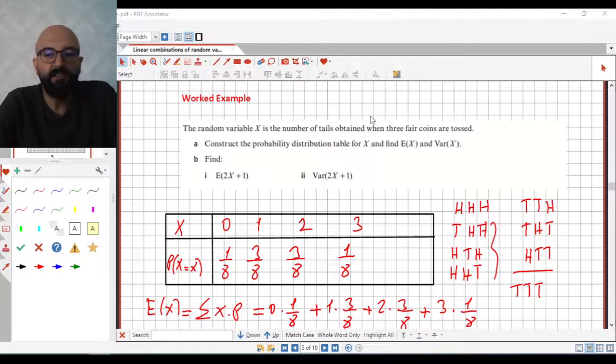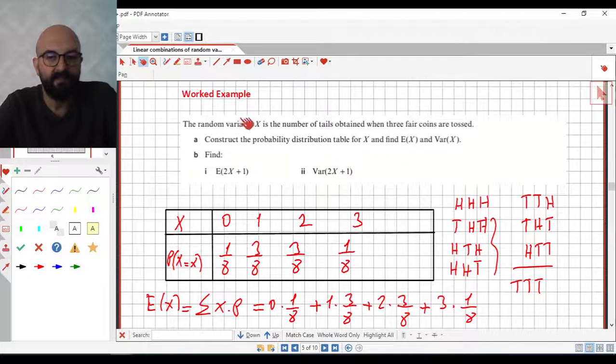As you remember, in the last lesson, we worked out an example. We have fair coins, and these coins are tossed.